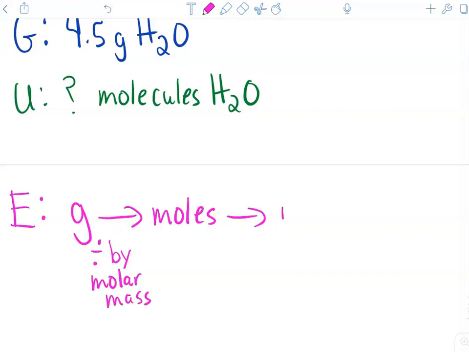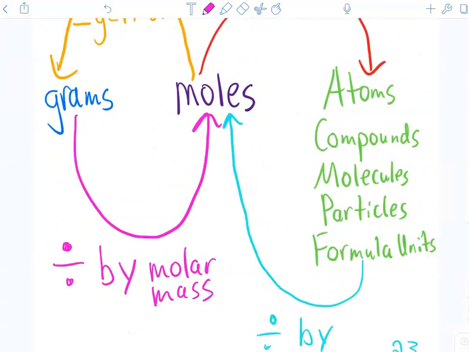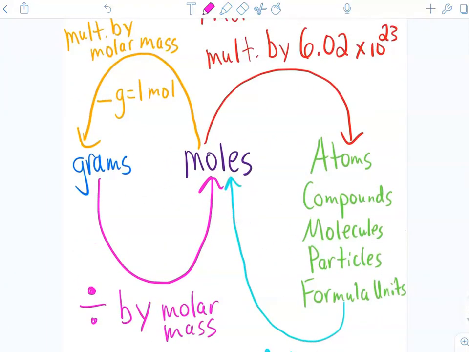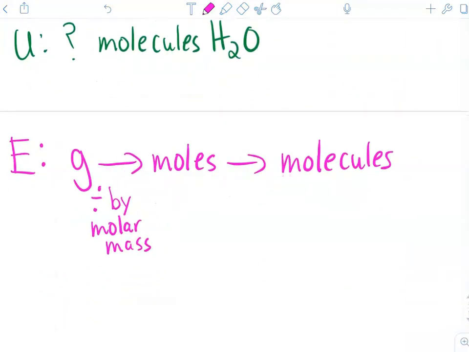And then we're going to go to molecules. And if I come back up to my chart, if I'm going from moles to molecules, then I'm going to have to multiply by 6.02 times 10 raised to the 23rd, which is Avogadro's number. Okay?